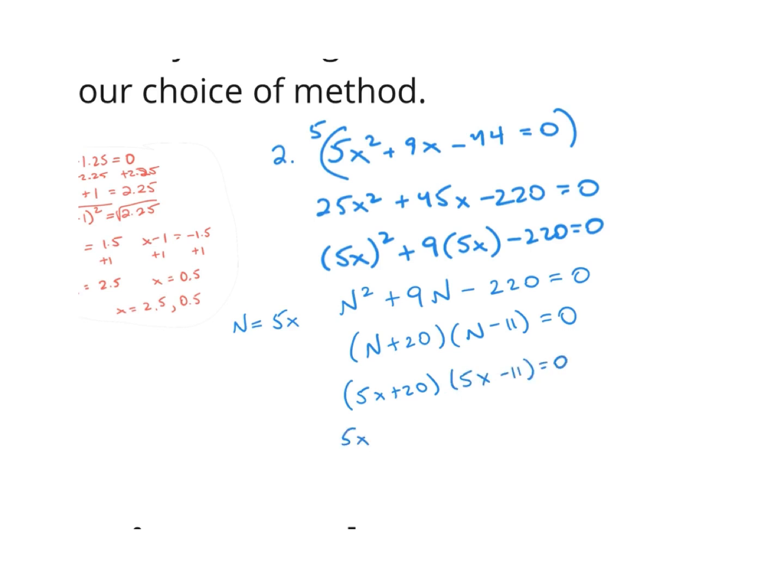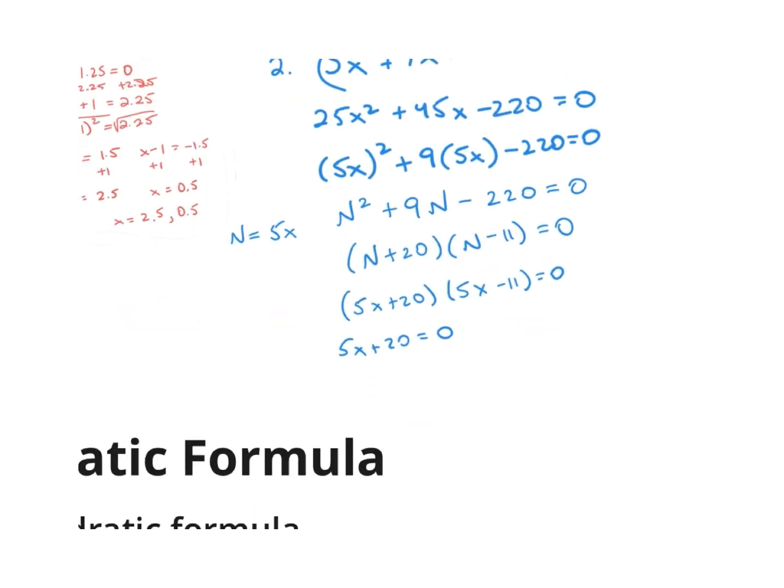Next, I can set each equal to 0 and solve for x. So I'm going to subtract 20 from both sides. I get 5x equals negative 20, and then divide by 5, and I get x equals negative 4.